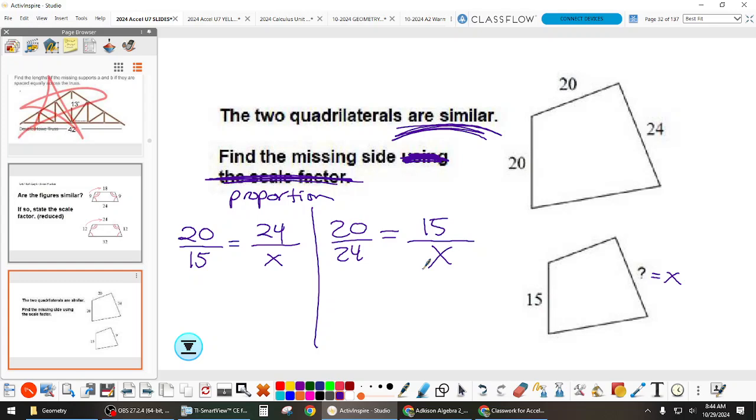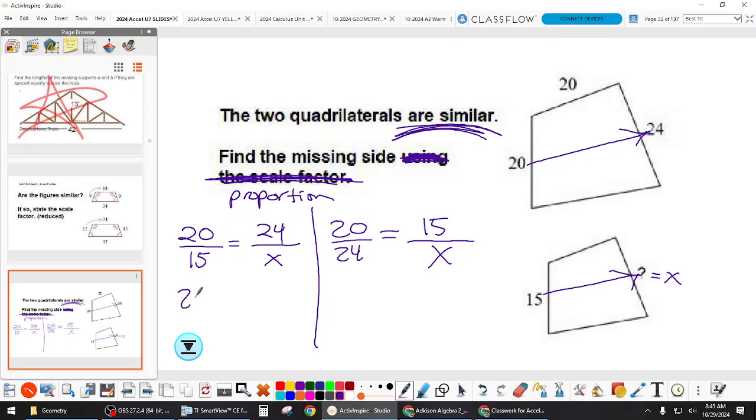Okay, so this first one went this way, which uses scale factor. The second one went this way and that way. I should put an arrow. Okay? Are either one of those better than the other? No, not at all. Okay, solving, we get 20x. So cross products, we get 20x equals 15 times 24.